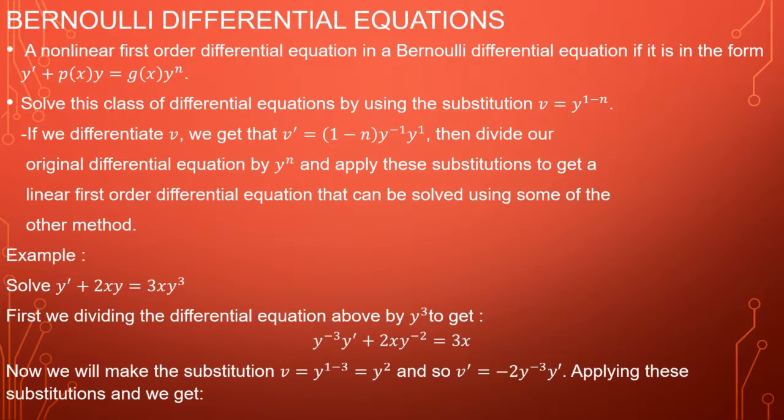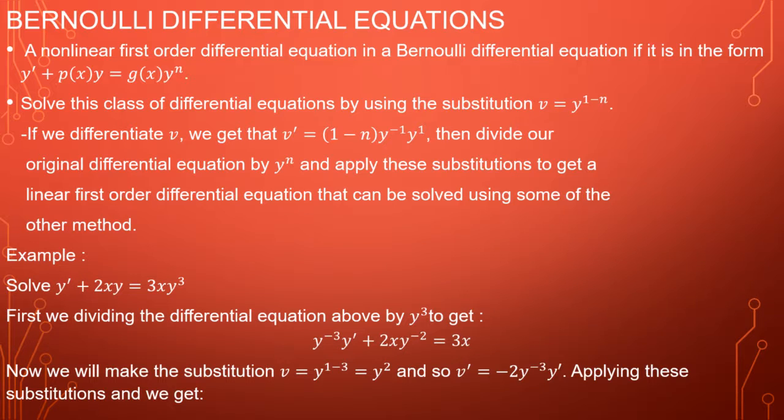Solve y prime plus 2xy equals 3xy cubed. First, we divide the differential equation above by y cubed to get y to the power negative 3 times y prime plus 2x times y to the power negative 2 equals 3x.